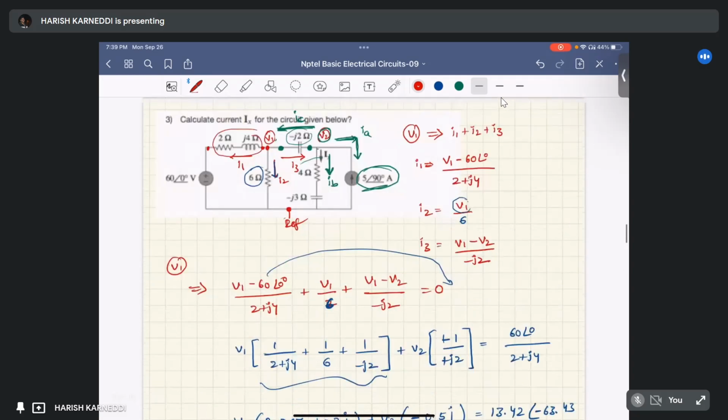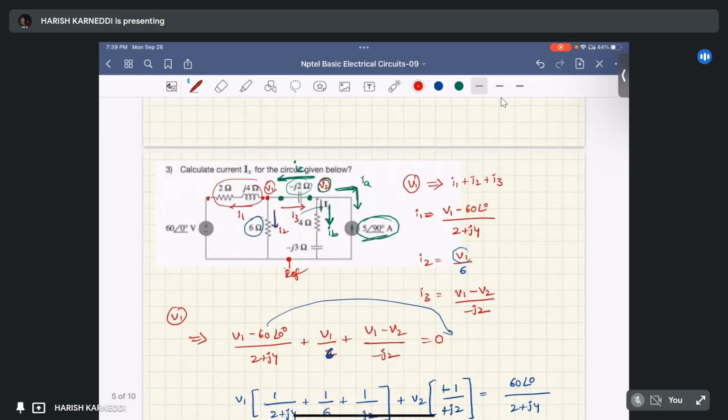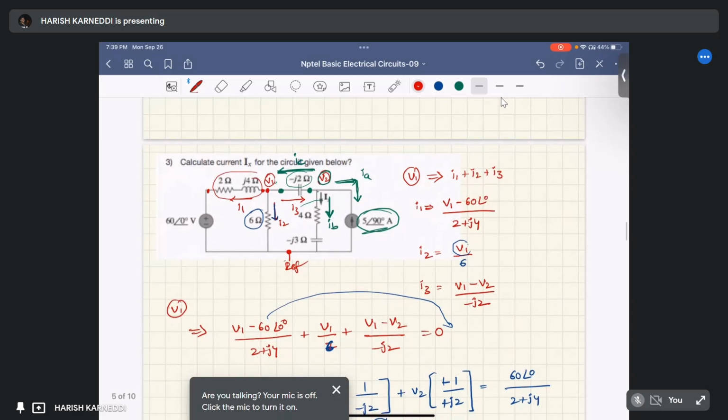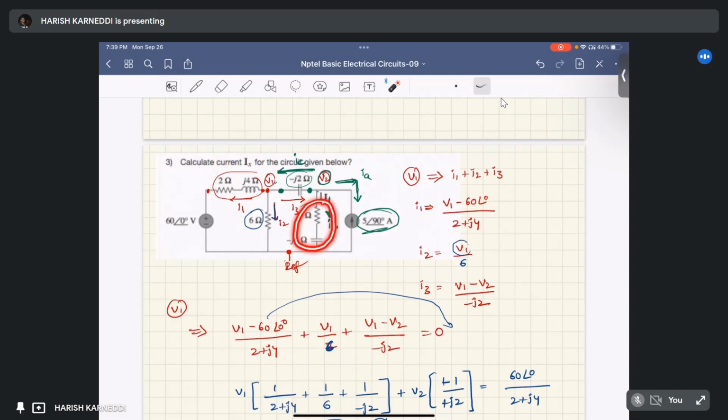What is our question? We want Ix. Ix is the current flowing through this particular arm, right? The potential across this particular impedance is V2, and the current through this arm we can write simply from Ohm's law: it is V2 by the impedance of that arm, that is 4 minus j3 ohm.